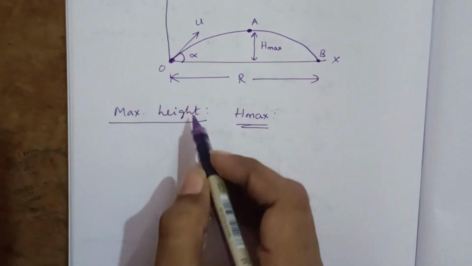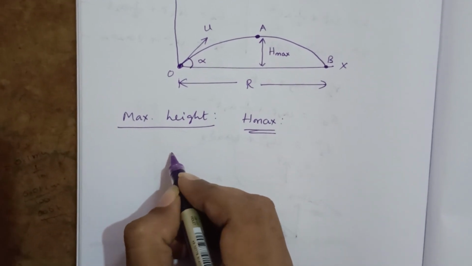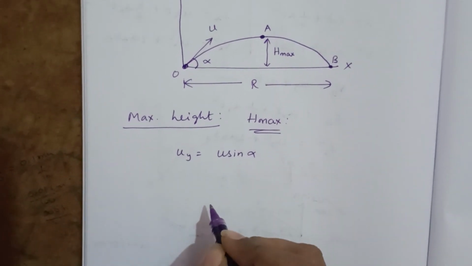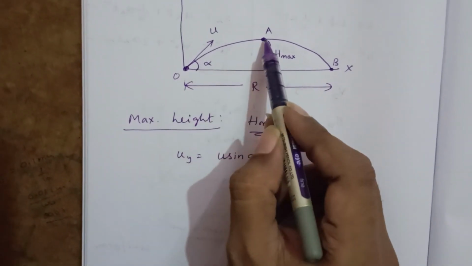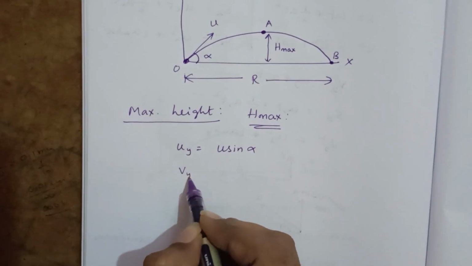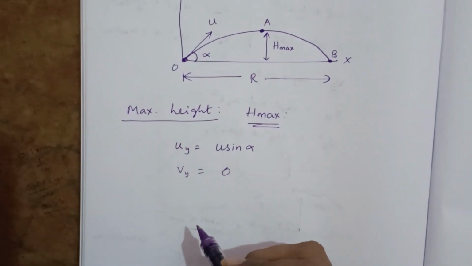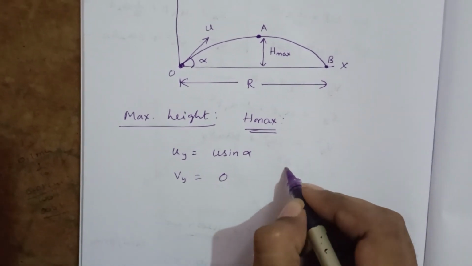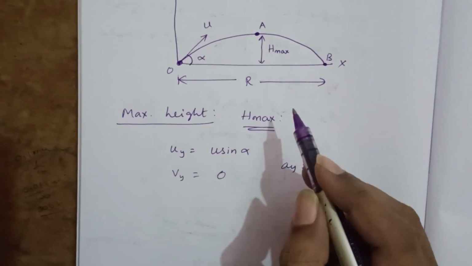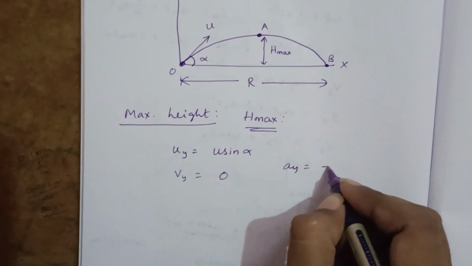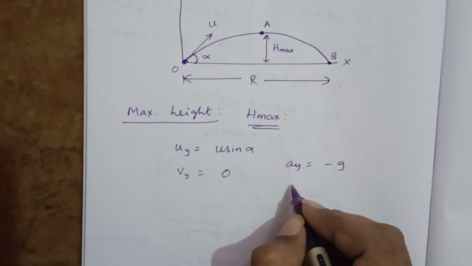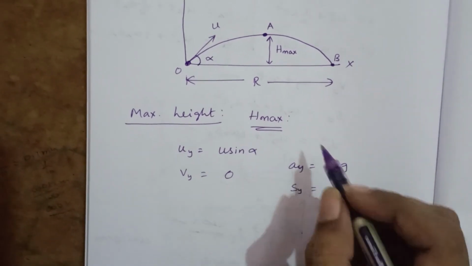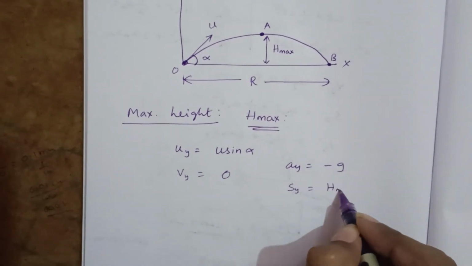As it is making angle alpha here, uy equal to u sin alpha, and while reaching maximum height, final velocity vy equal to 0. At maximum height, velocity becomes 0, and acceleration, as it is going away from the surface of the earth, is minus g, and the height it covered, displacement sy, is the maximum height h max.